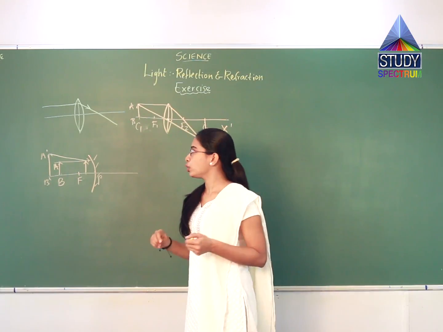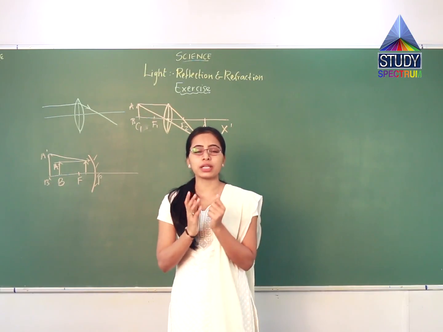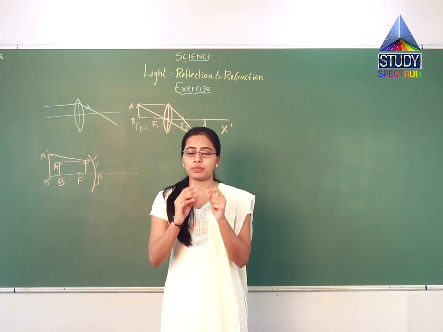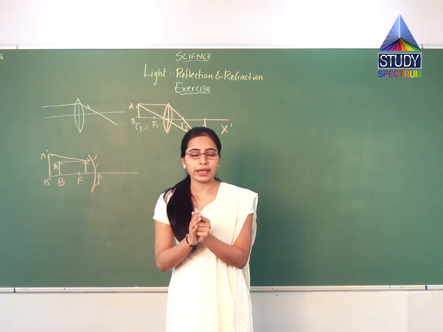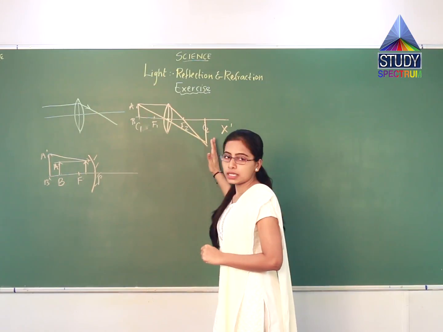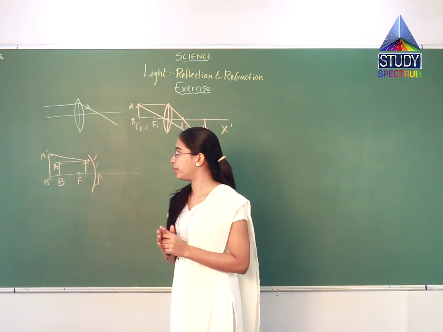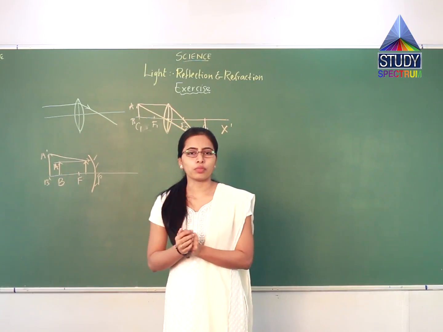Now here I am drawing just randomly, that's why the image size is not equal to the object size. But if you take correct distances and draw, you will find that you will get the image at the second center of curvature, and it will be of the same size as the object.